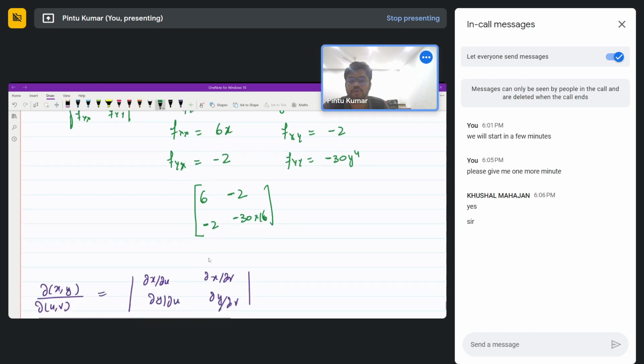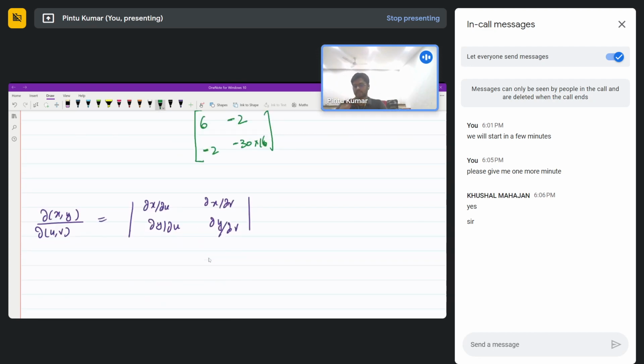One of the questions has this notation. Although this is covered in the lecture, I just wanted to mention what this notation means. If you have a notation like del(x,y) by del(u,v), you just need to look at the Jacobian.